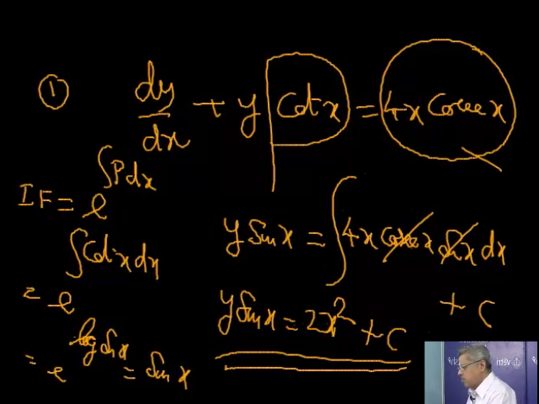If you make the dy by dx coefficient 1, dividing by that quantity, you get exactly this differential equation. So I repeat again, to verify the solution, differentiate this, and we get the coefficient of dy by dx as sin x. Divide by sin x, and automatically we get the equation. So we can easily verify the solution.